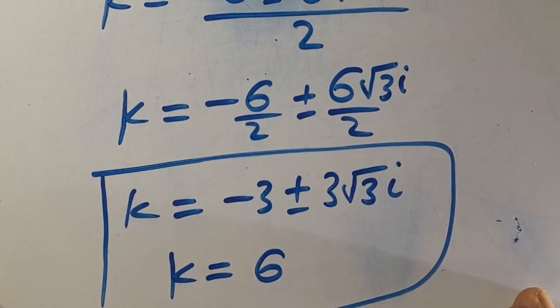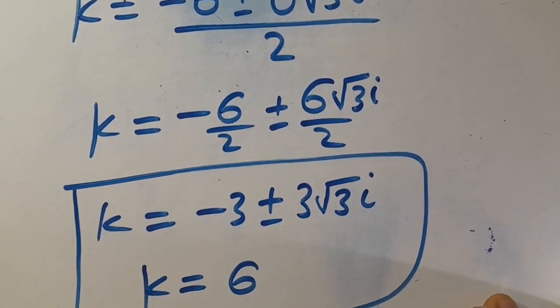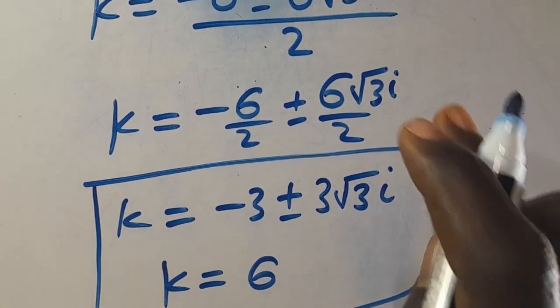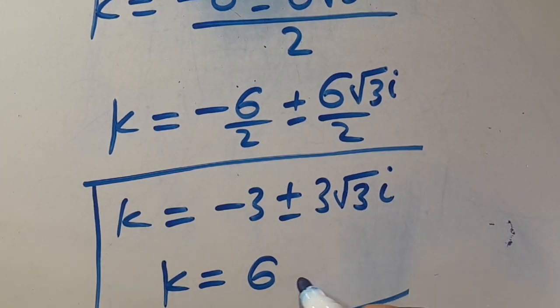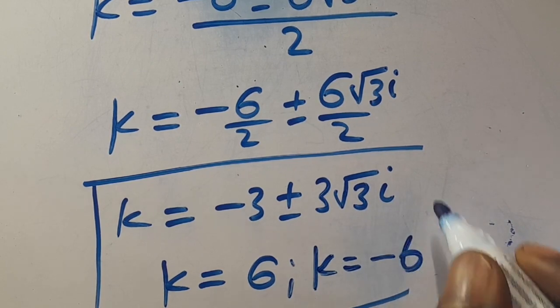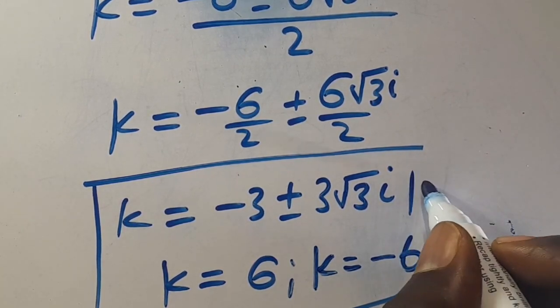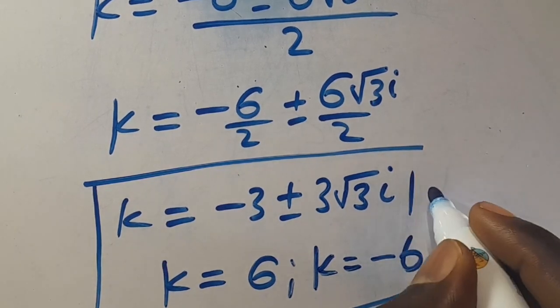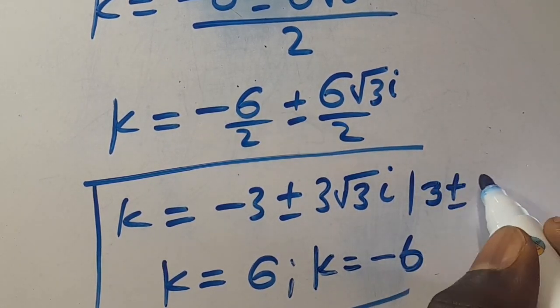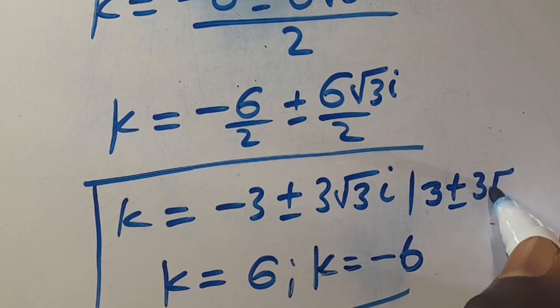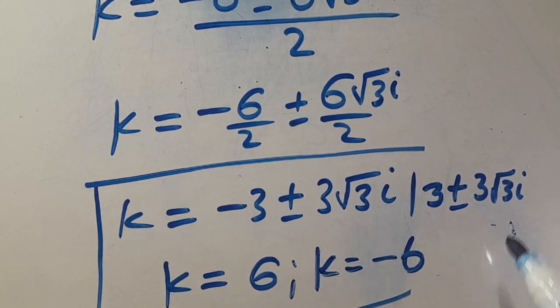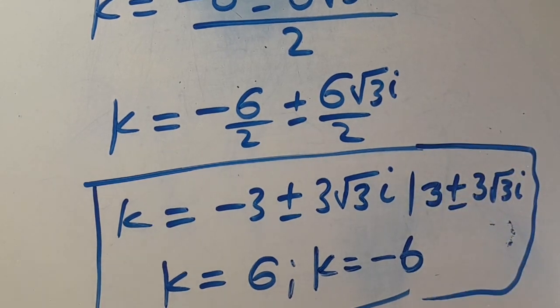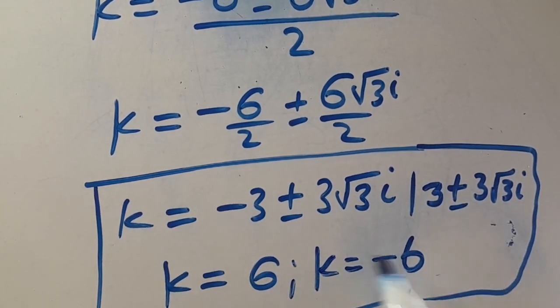Here's another solution. We also have the solution k equals minus 6, and we also have k equals 3, positive or negative 3 root 3i. So when you count these solutions, this one is 4, 5, 6.